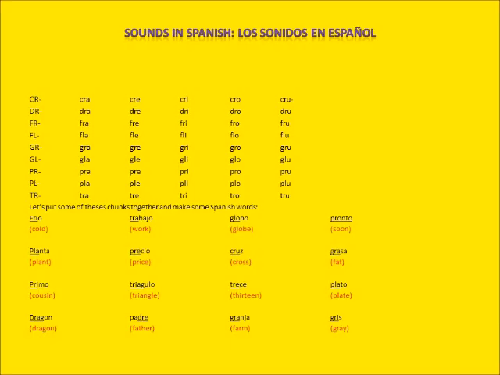We have cra, cre, cri, cro, cru, dra, dre, dri, dro, dru, fra, fre, fri, fro, fru, fla, fle, fli, flo, flu, gra, gre, gri, gro, gru, gla, gle, gli, glo, glu, pra, pre, pri, pro, pru, pla, ple, pli, plo, plu, tra, tre, tri, tro, tru.